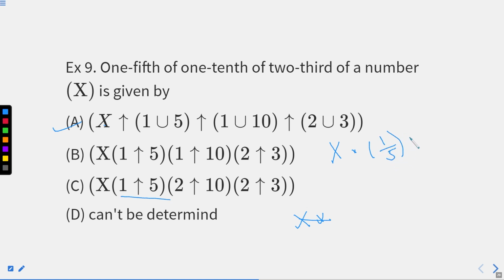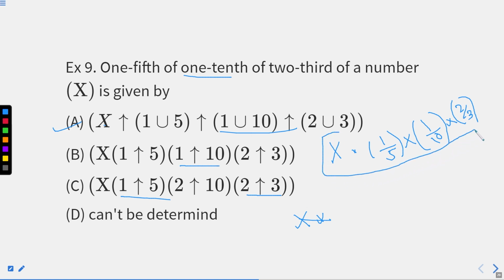Again, multiplied by 1/10, in bracket, multiplied by 2/3. So you can easily figure out we are getting what we are supposed to find, right? So option A will be the correct answer.